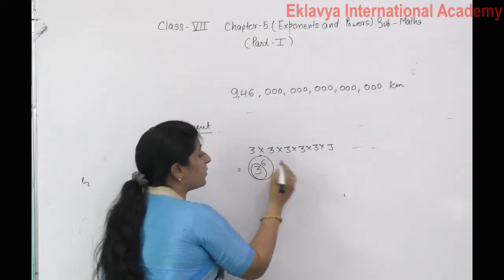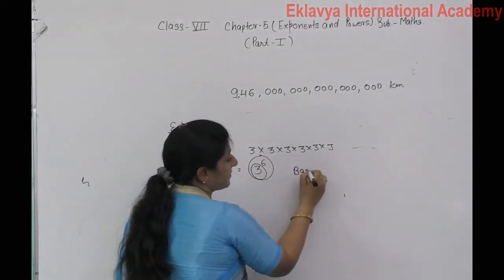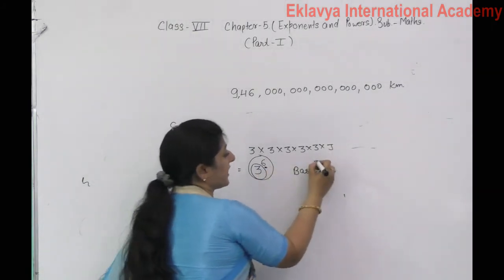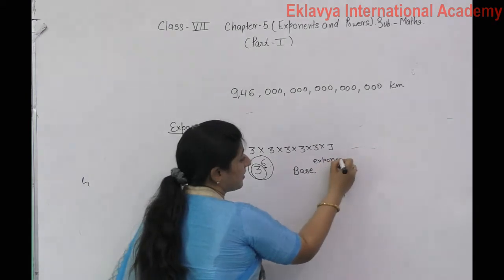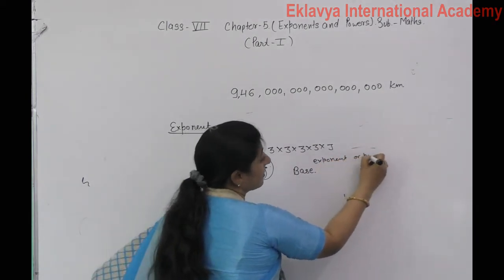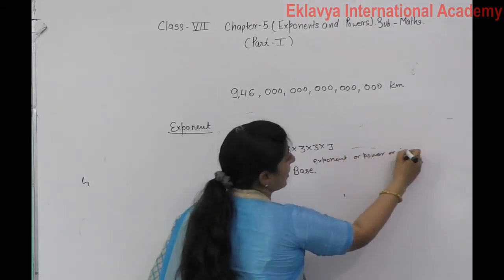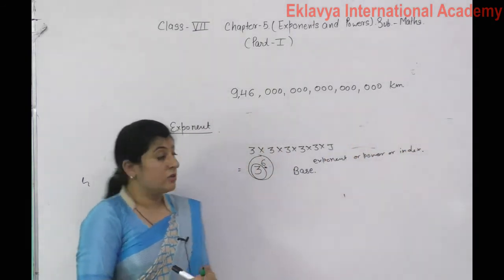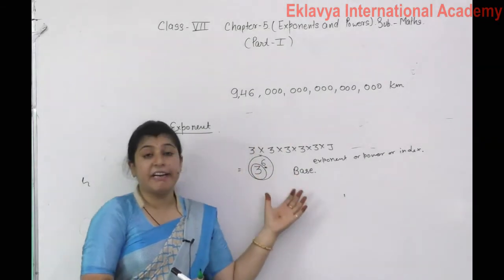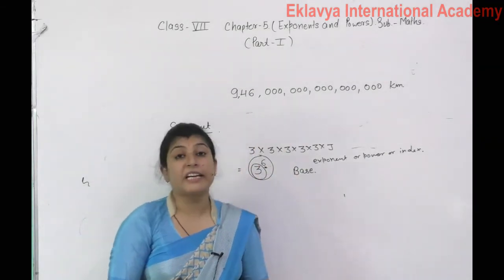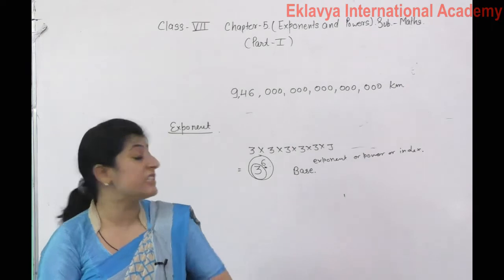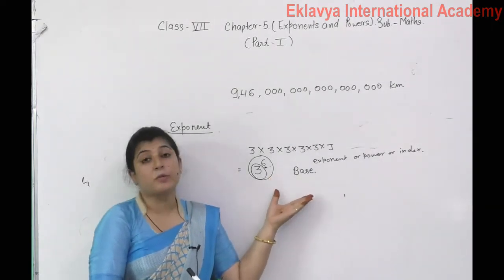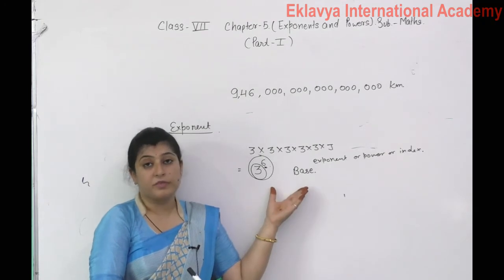This value is called our base, and this power we can call the exponent, power, or sometimes the index also. When a number is very large in size, we use the exponential form to read it.